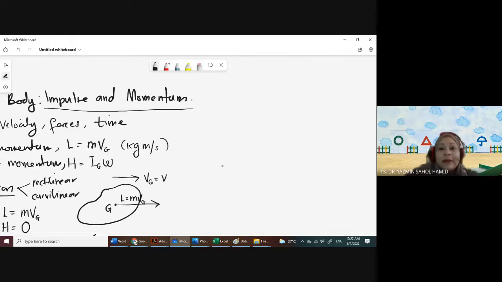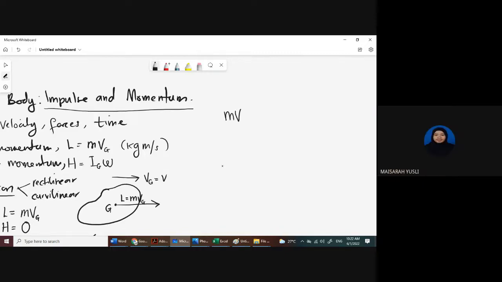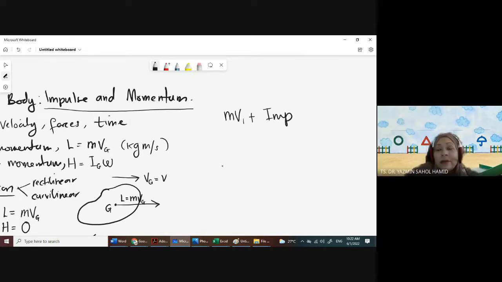What is it? We learned it in the topic of particles, remember? mv1 plus the impulse equals to mv2.